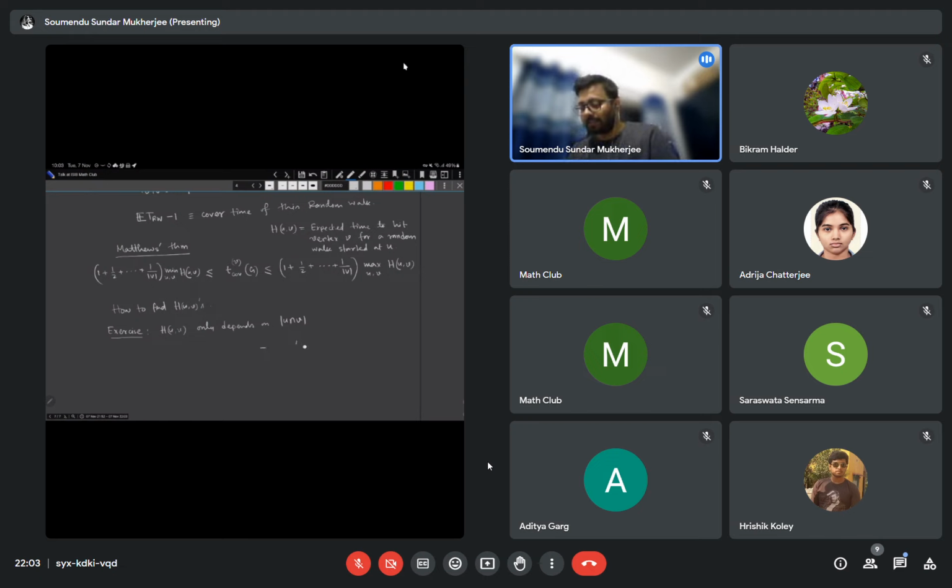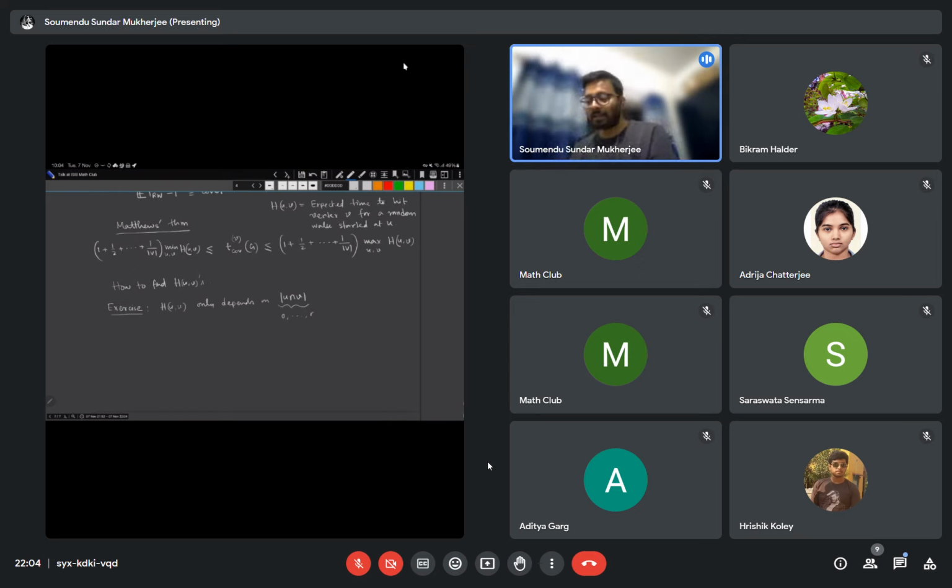So it has very simple, very nice symmetries. Therefore, the hitting time only depends on the size of U intersection V. And U is an r-subset, so there are only a bunch of possible values, from 0 to r at most. So there are only at most r plus 1 many H_UVs.